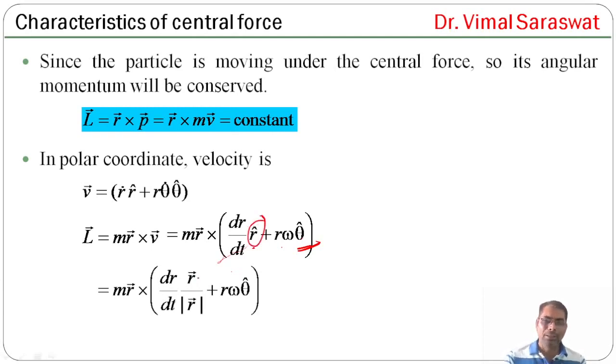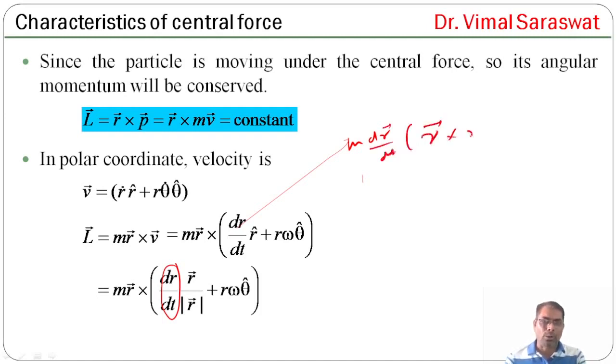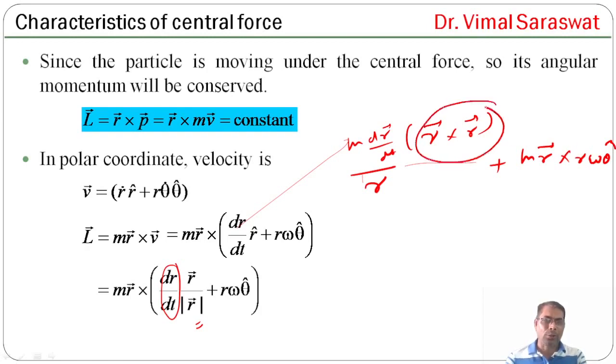So L equals m r cross dr by dt r cap plus r omega theta cap. R cap is actually the vector r upon magnitude r. Now this dr by dt is a scalar quantity, so m dr by dt into r cross r, and this magnitude r is also a scalar quantity, so upon r, plus m r cross r omega theta cap. Now r cross r is 0, so the first vector will be 0.